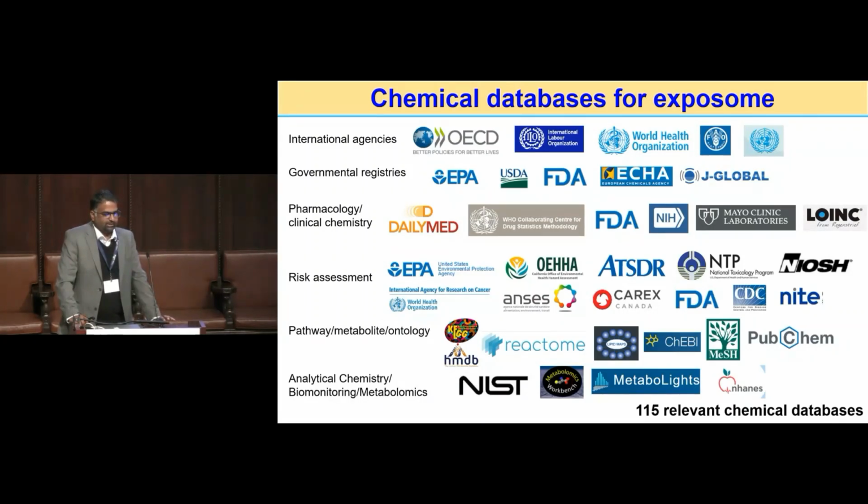But nonetheless, there has been great effort by government and non-government agencies to make these chemical lists, and these lists are all relevant for exposome research. There are about 115 relevant chemical databases in these categories.